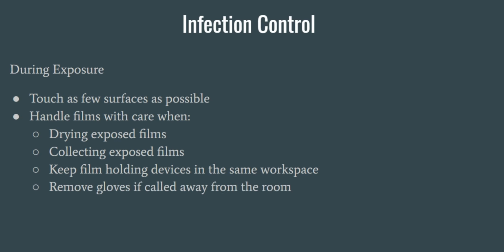And last, if you are called away for any reason, you need to place the film in the appropriate spot. If it's contaminated, in the disposable cup. If it's not contaminated, in the workspace. And remove your gloves. When you return to the room, you'll start the process over again, basically. Wash your hands, glove up, pick up where you left off.